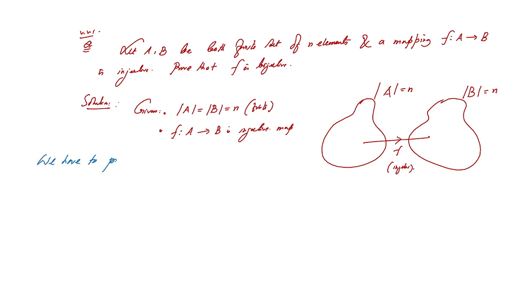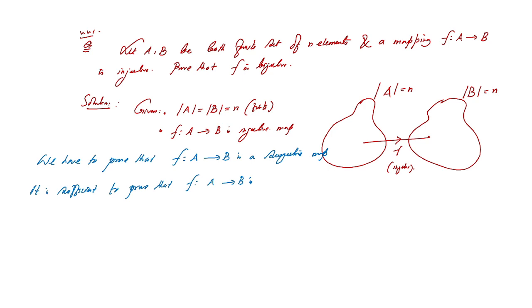It is sufficient to prove that f from A to B is a surjective map, because if it is, then it is a bijective map. As f is injective already given, now we have to prove f is surjective.